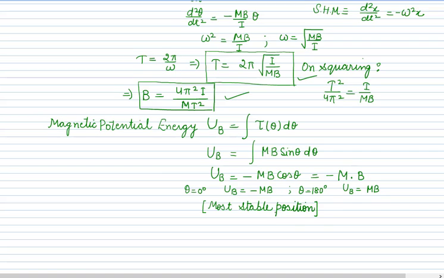So this is the minimum energy, so that is the most stable state, and where the highest energy state is, that is the most unstable state, or the most unstable position. So just remember all the simple laws of physics, that everybody wants to remain in the minimum energy state, and if it is in the minimum energy state, it is most stable. If it is in the highest energy state, it wants to get away from the highest energy state, and it is the most unstable state.